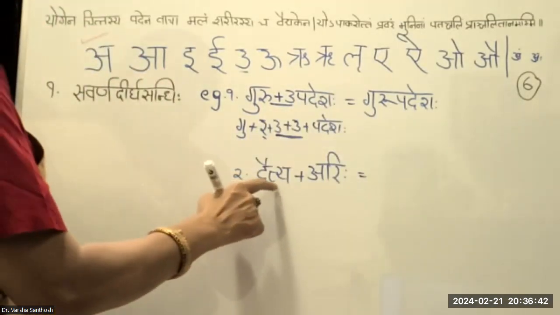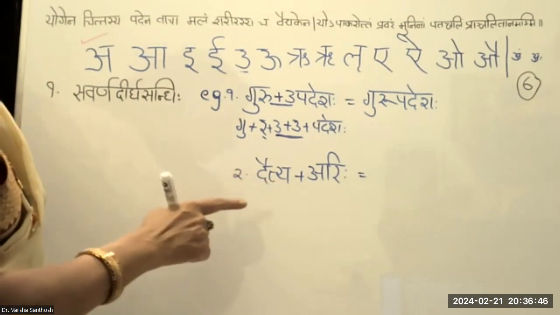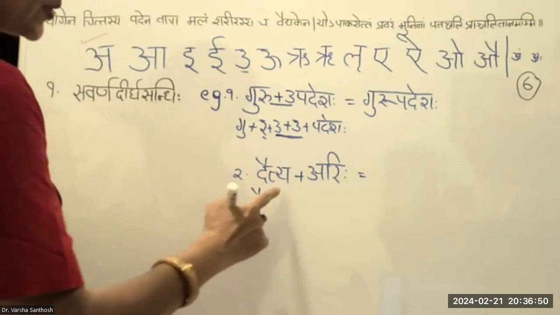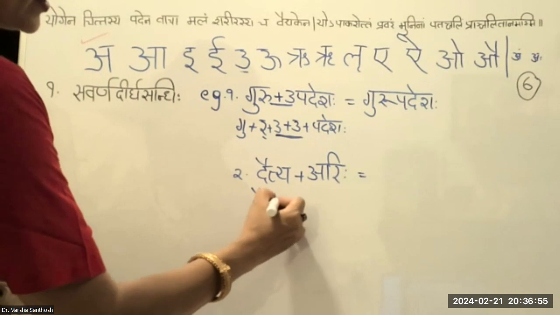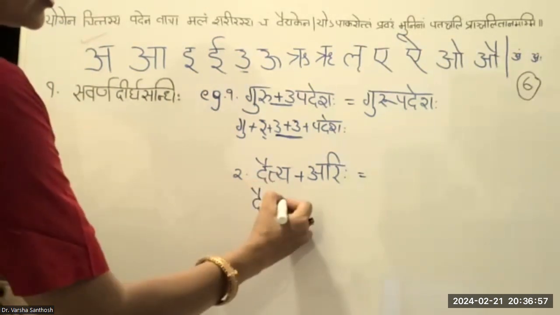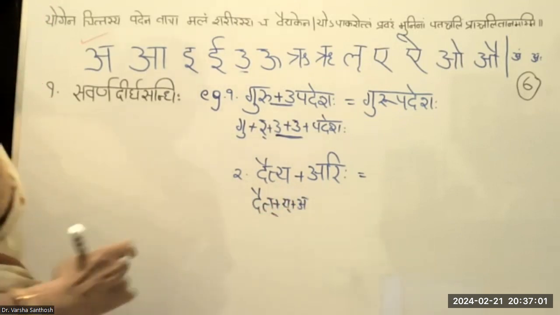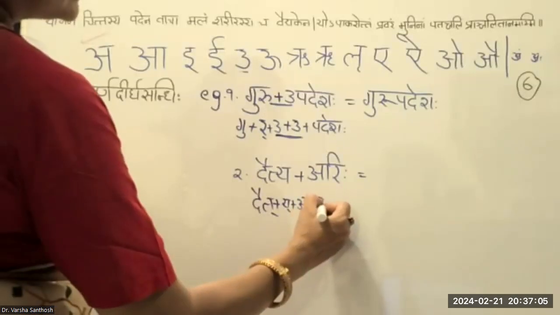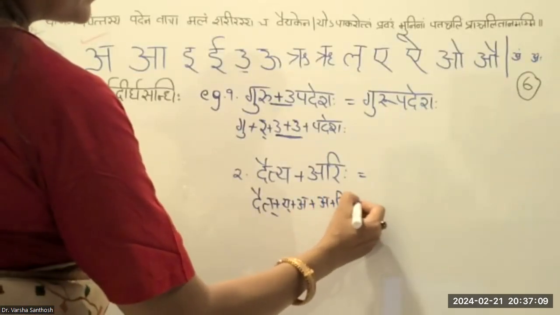When the word is like this, we should know how to divide that word, because we don't have to do sandhi with the first word. This daitya, ta is already a halanta ta. Ya is having ya plus a. Are we knowing that? Now we came to know. Correct? Ari is a.